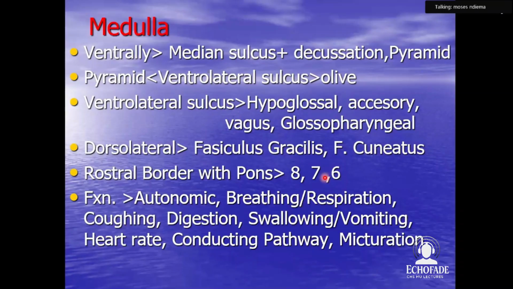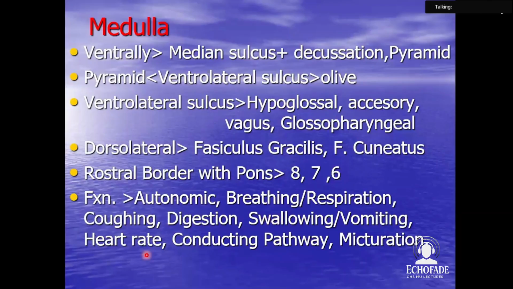It also regulates our cardiac functions, the digestive function, which is autonomic, the swallowing functions, the vomiting functions. And remember, a lot of this is also a function of the vagus nerve, because the medulla contains the cell bodies for the vagus nerve.